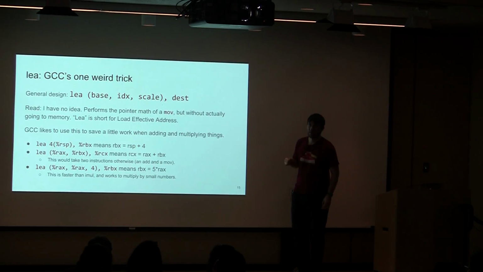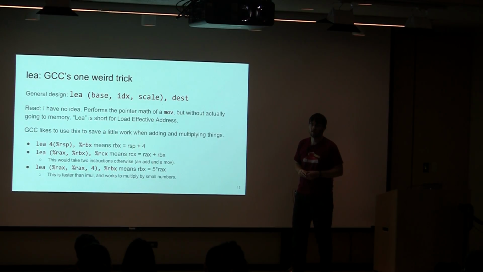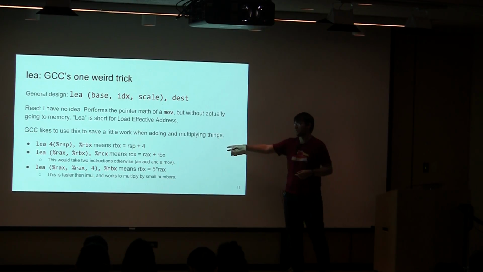Now, can anyone think why GCC might do that first example instead of using an add instruction? Okay, it's pretty much the same example as the second one. Answer is the second one, actually. If you add 4 to RSP, RSP would have to be the destination, and it would store the result in RSP.